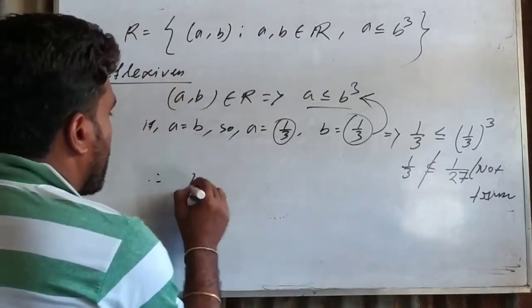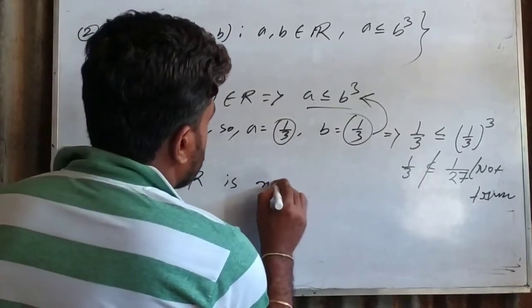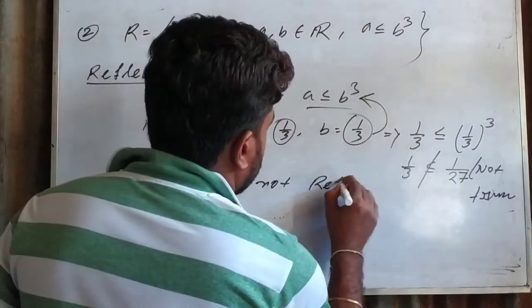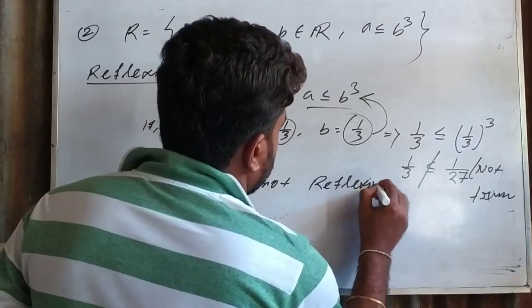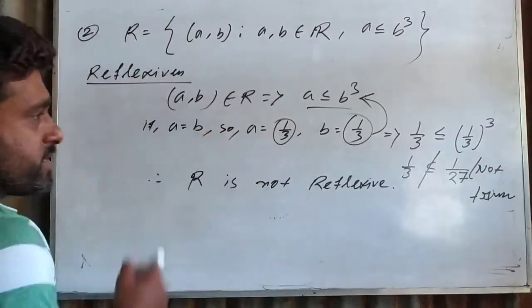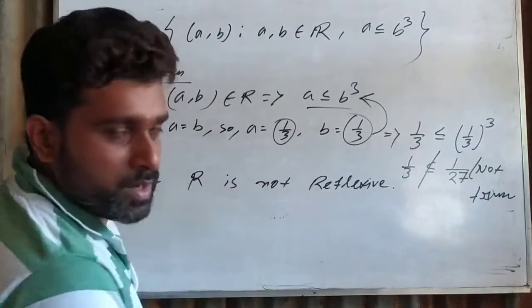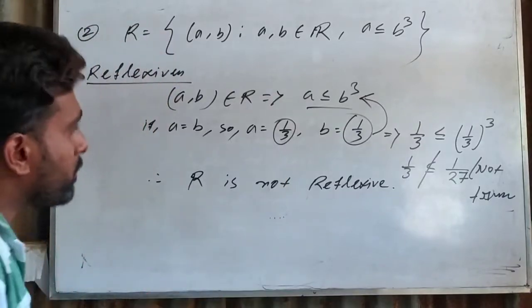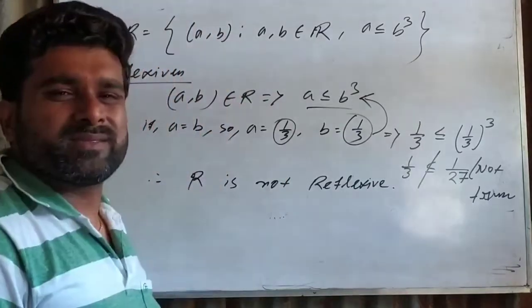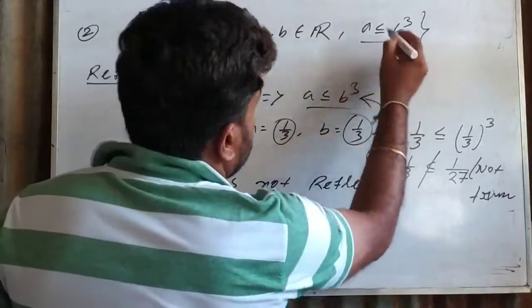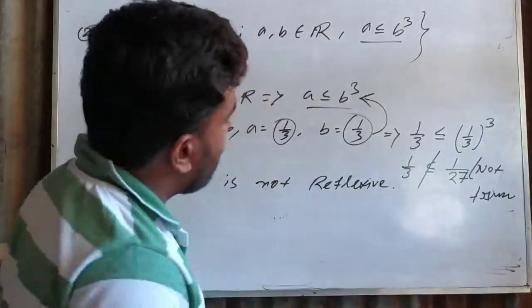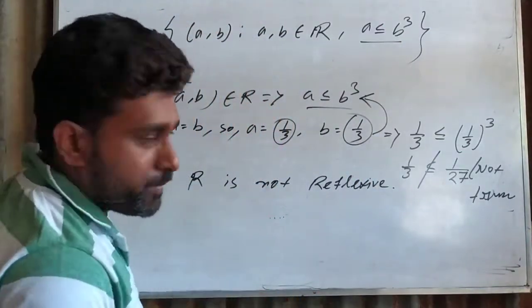So R is not reflexive. You can choose examples also, no problem. There are various kinds of methods. And the general calculation can also be taken, no problem.